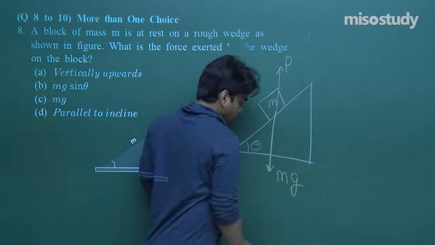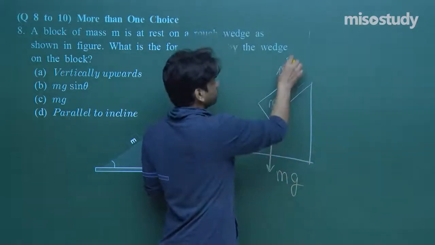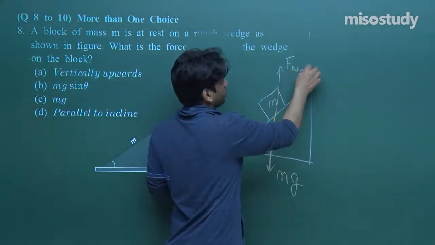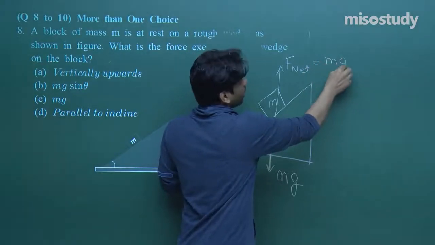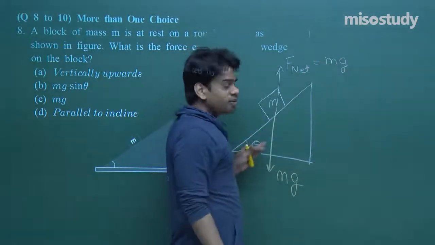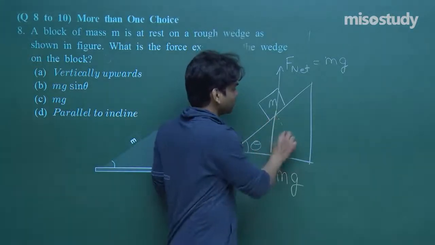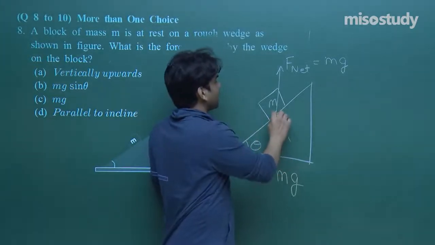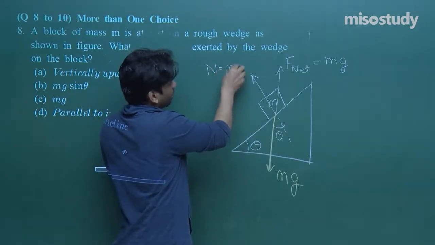I'm writing net force that will be equal to mg. If you are thinking whether the surface is exerting normal reaction, that is mg cos theta, you may think that the normal reaction is mg cos theta.